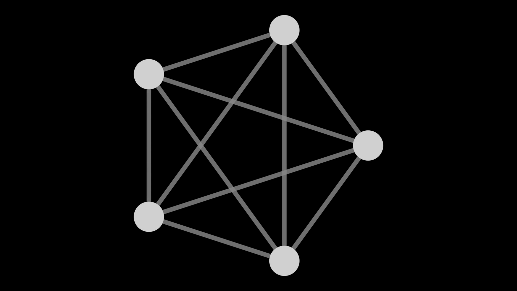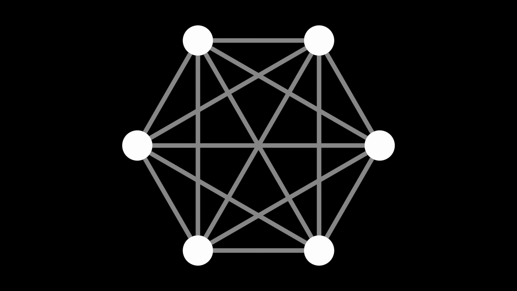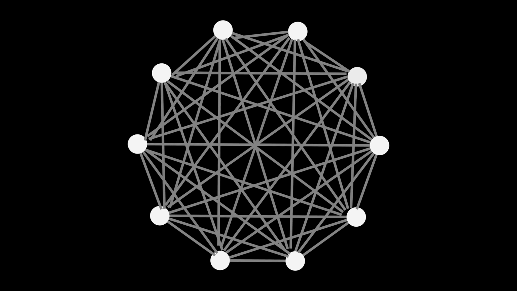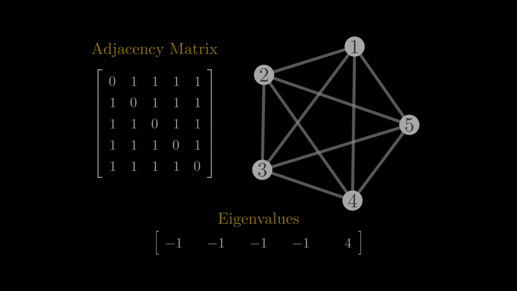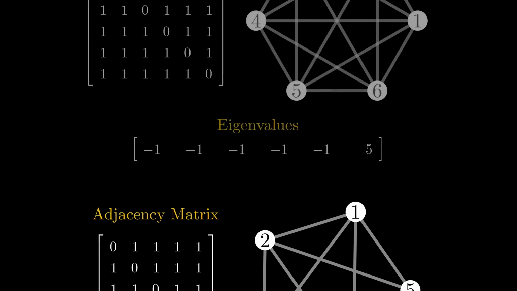Also very interesting are the eigenvalues of the adjacency matrices of complete graphs. The set of eigenvalues of the adjacency matrix of a complete graph with n many nodes always contains n-1 times the number -1 and then 1 time the number n-1.